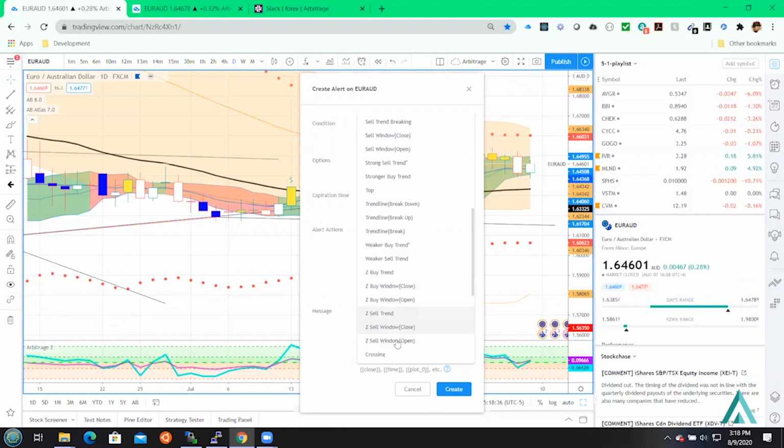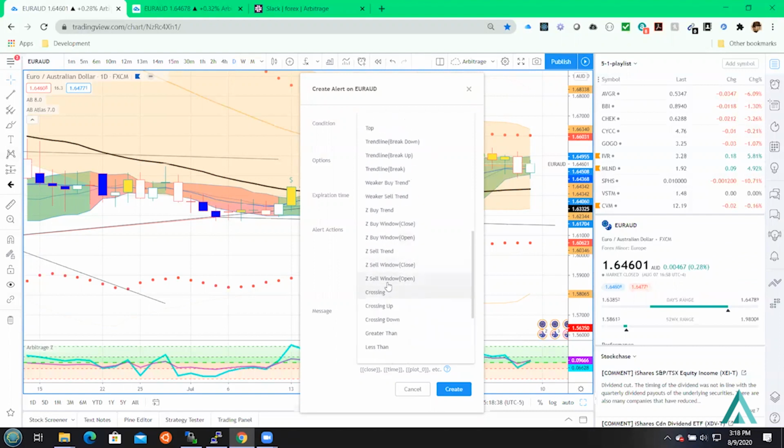So you can set these alerts to let you know when the odds, or when the house, says we're supposed to be going up or going down. I want you to have as little opinion as possible when trading, so that you're always following the trade as opposed to trying to predict what's going to happen. So if it's changing direction, let me know. If a Z sell window has opened or closed, let me know.